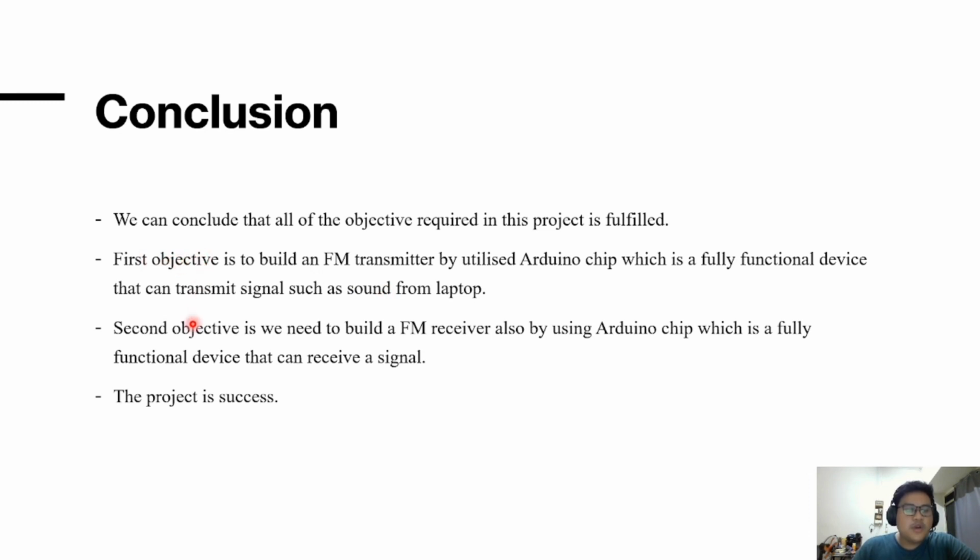Our second objective is to build an FM receiver, also using an Arduino chip, and this objective has also been fulfilled. All of the results have been concluded in the report. So lastly, we can consider that this project is successful. That's all for the conclusion part. Thank you.